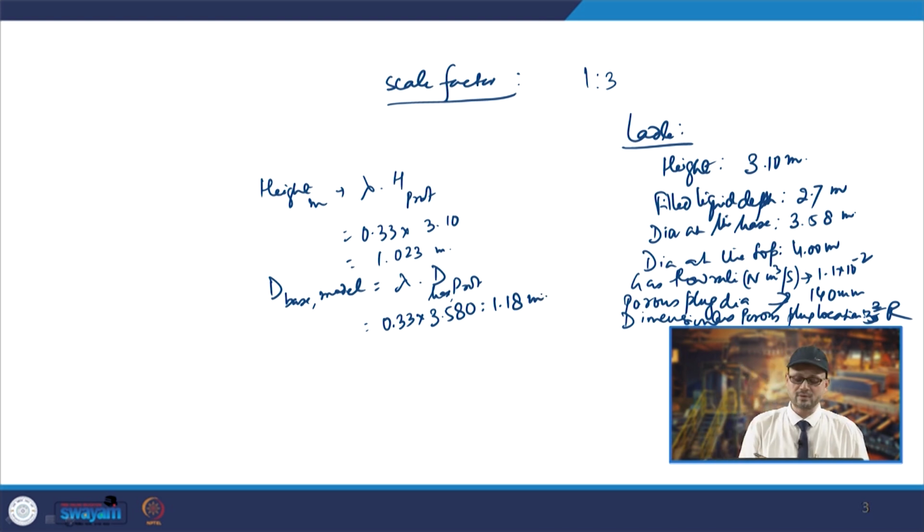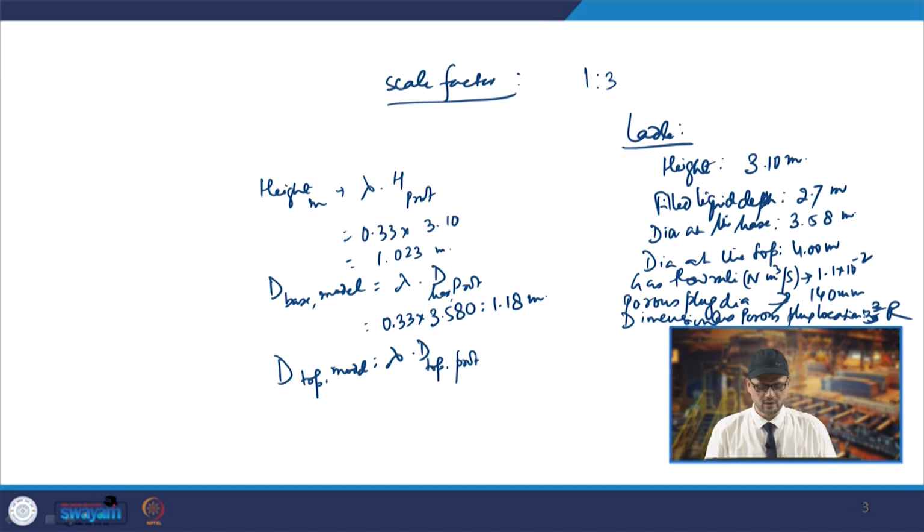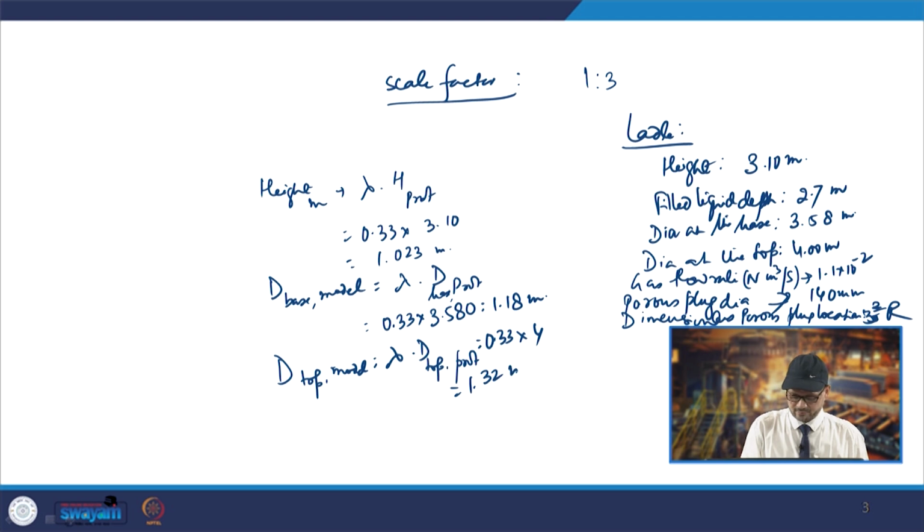Similarly, you calculate the other parameters, like the diameter at the top of the model. It will be lambda times the diameter at the top of the prototype. The diameter at the top of the prototype is 4 meters, so it will be 0.33 multiplied by 4, which is 1.32 meter.